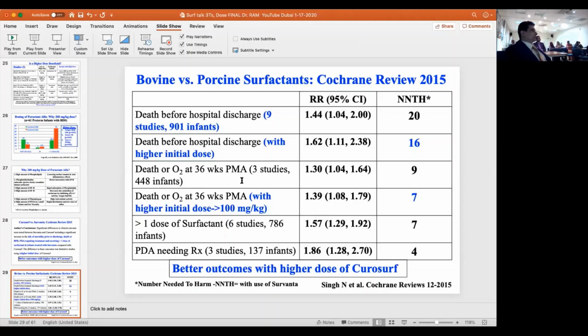Death or BPD at 36 weeks, only 3 studies. Again, if you use higher dose, you have better benefits. Number of babies requiring PDA treatment, only 3 studies, 4 babies. Clearly, the higher dose, the better outcomes in death or BPD, mortality, or PDA.